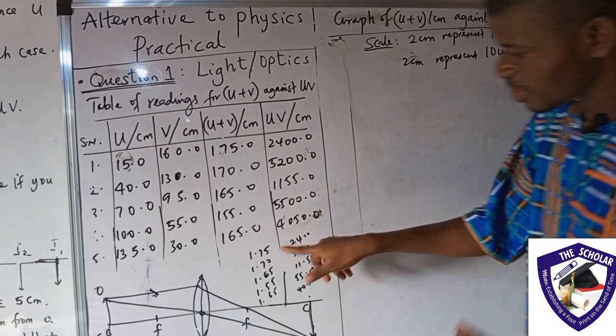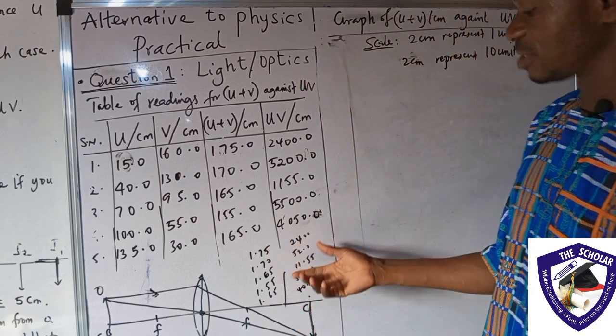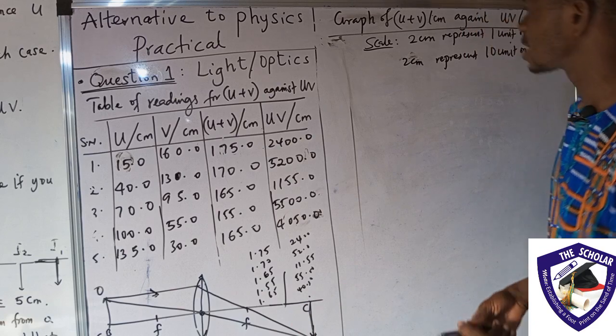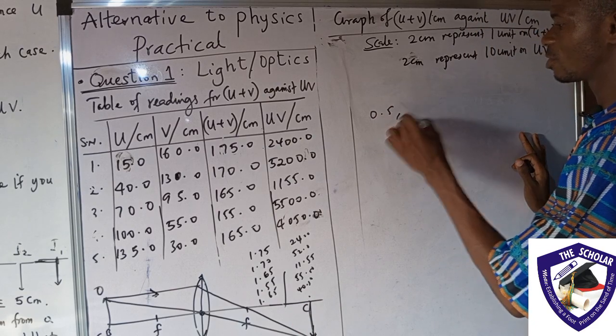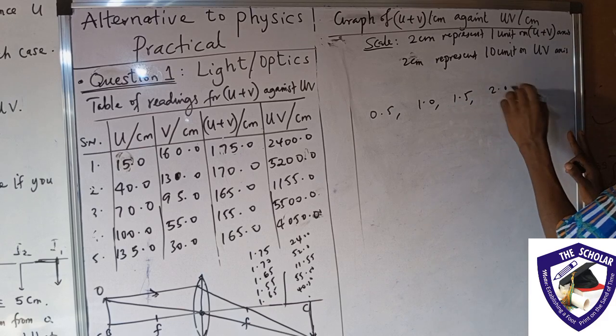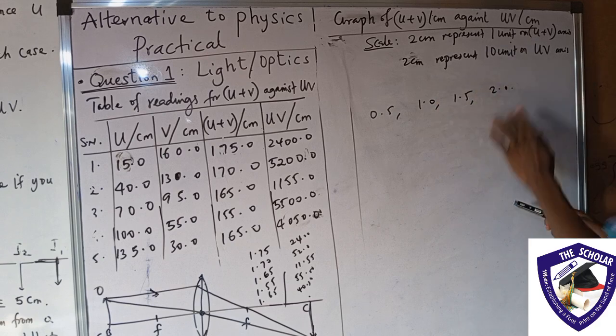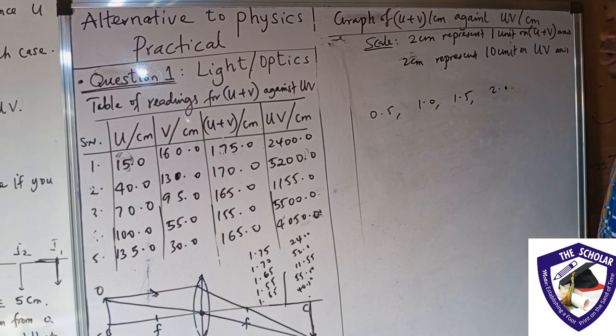Now, let's look at the scale. I said the highest here is 1.75, which means the value is not up to 2. So we can use a scale of 0.5, 1.0, 1.5, and 2.0. This only accommodates 4 points, and on your graph page, you have at least 8 or 10 boxes.